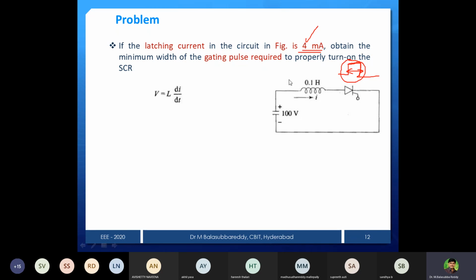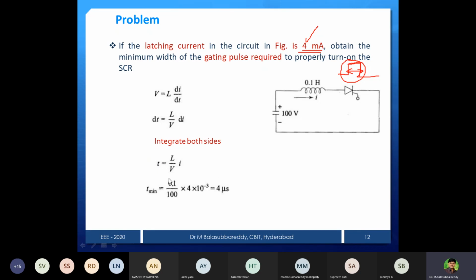For that, you know the inductor formula: voltage across the inductor is L di by dt. From this, dt is equal to L by V into di, and applying integration, T is equal to L by V into I. If you provide T this much, then the device continues to stay on, because to get that much current, we require this much time duration.